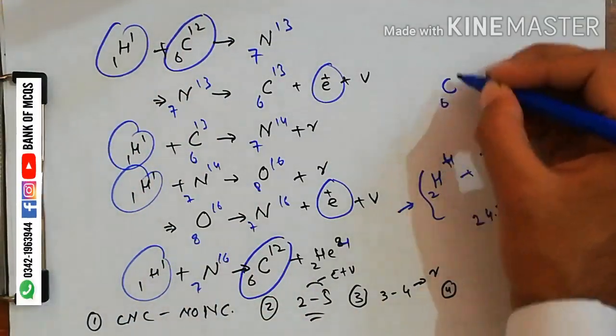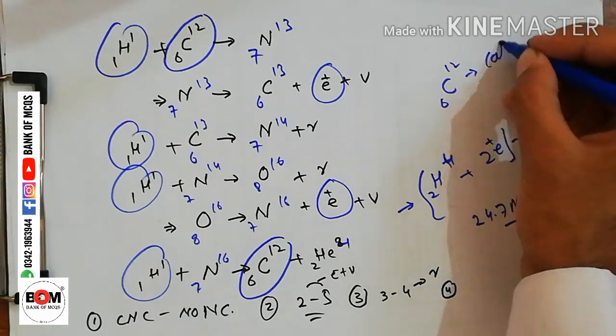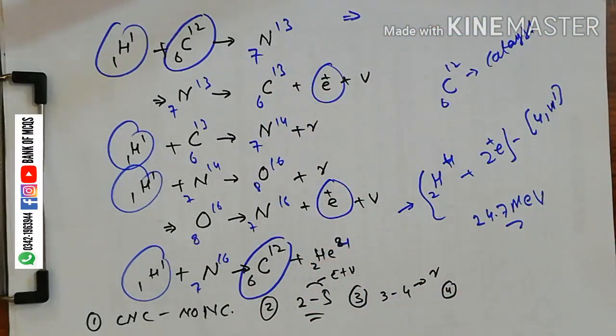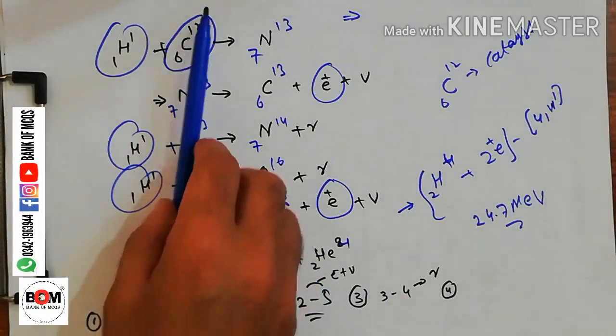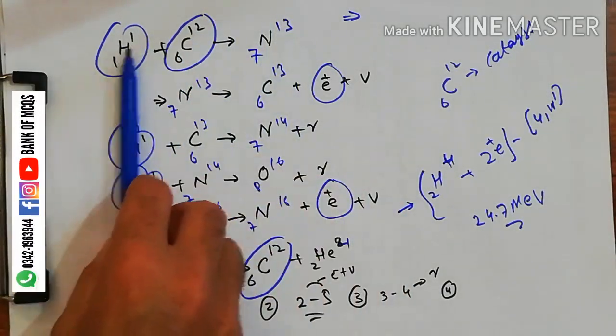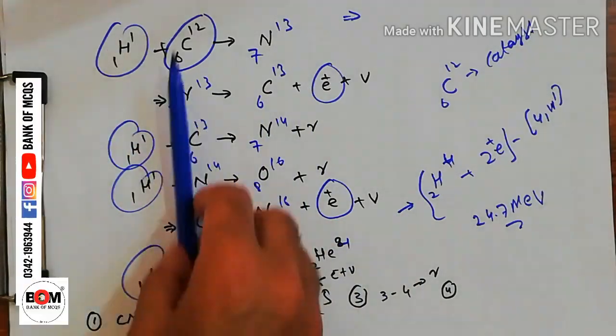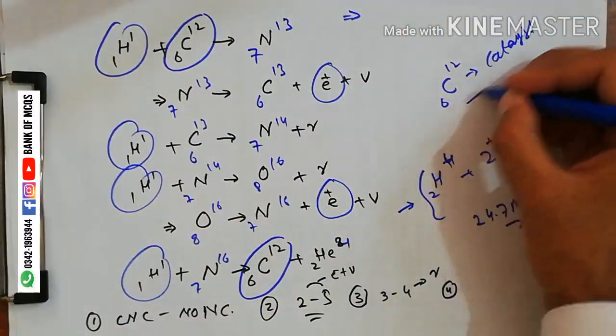So in this process C612 acts as a catalyst. So if they ask which one of the following is the catalyst in the carbon cycle: C612, nitrogen 713, positrons or proton, you must remember that C612 acts as the catalyst.